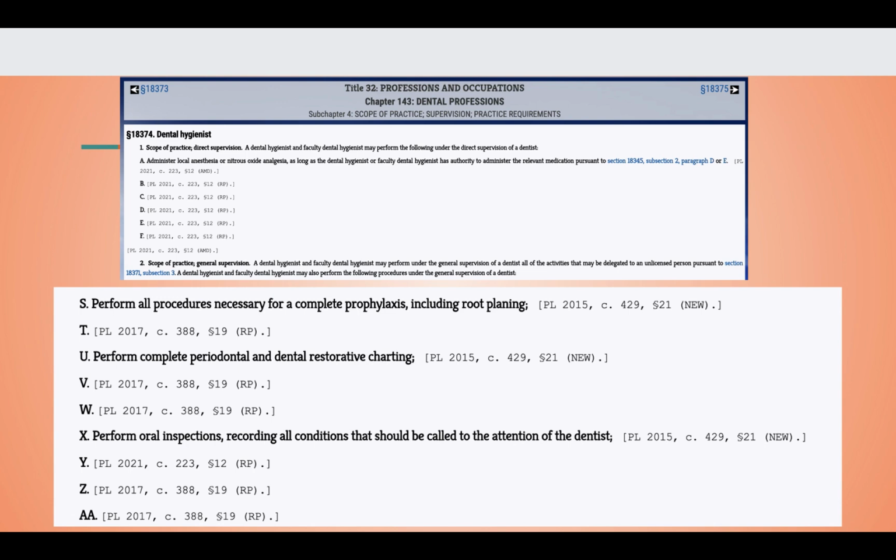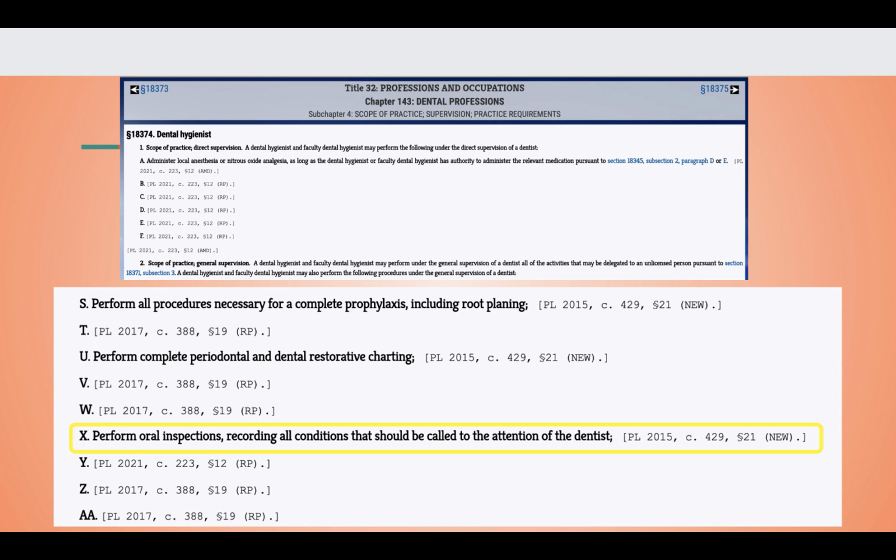So the job of the doctor is not to do all of that work. The oral inspection and recording the conditions is done by the hygienist and then brought to the attention of the dentist. The dentist can then go through, double check, review, but then have a conversation with the patient.